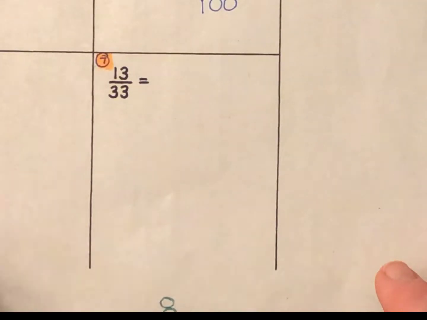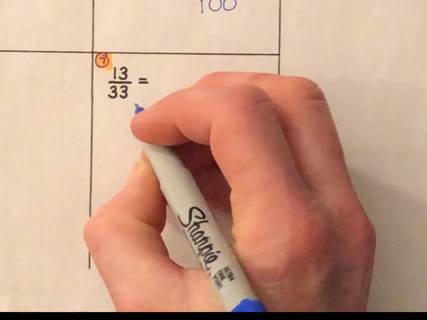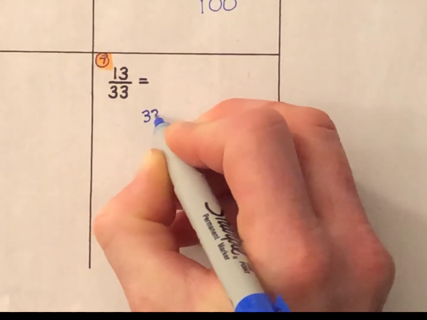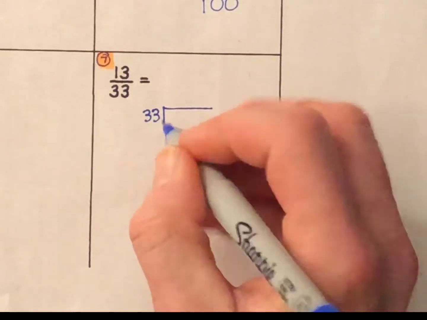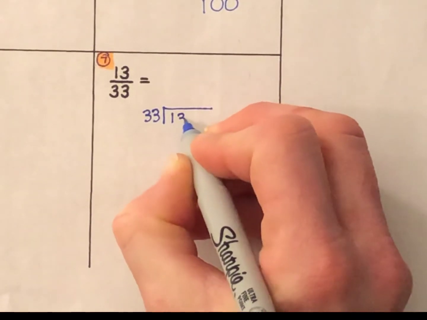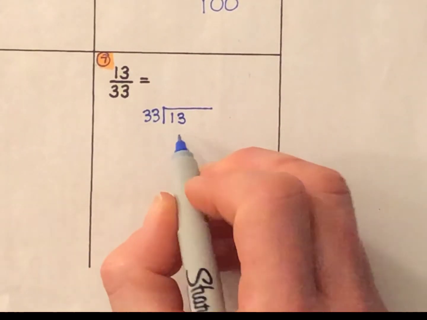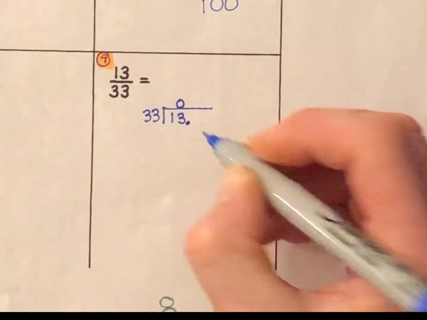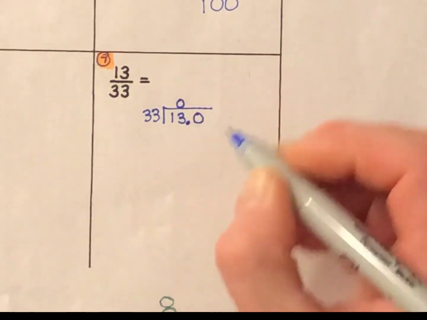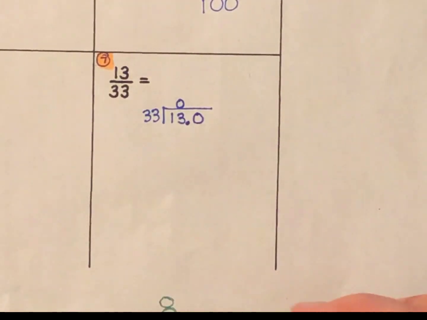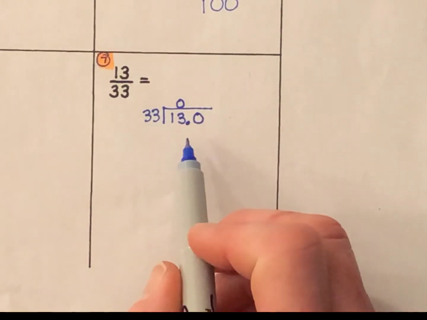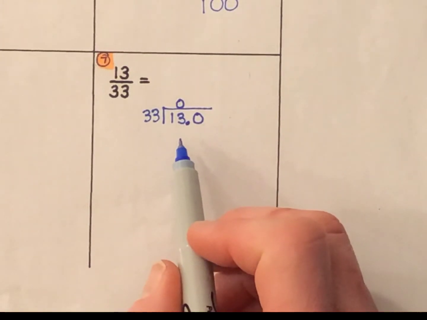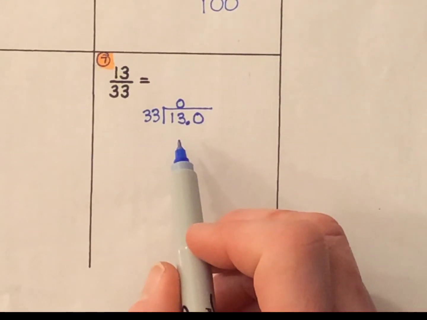13 divided by 33. 33 does not go into 13. I'll put my decimal there so I can start adding my zeros. 33 goes into 130. Oh, let's see, 99. It's either 3 or 4 times.